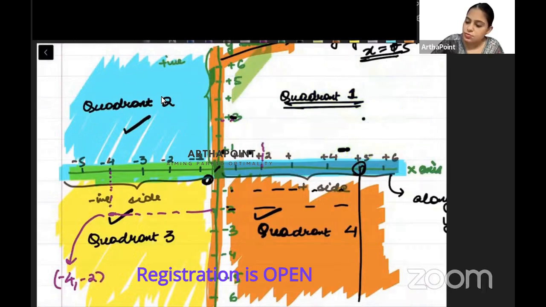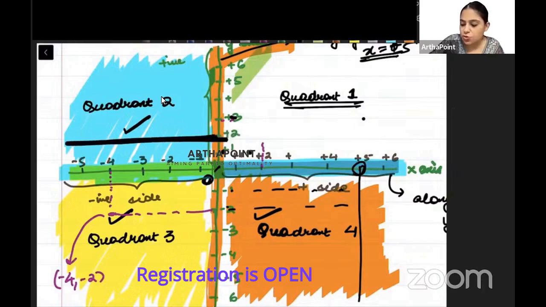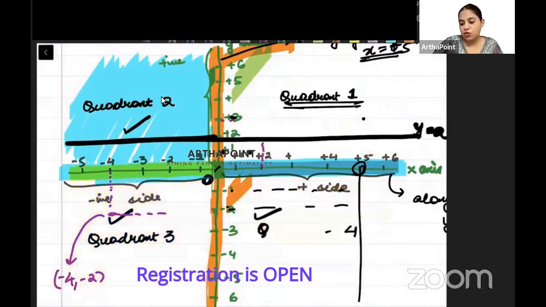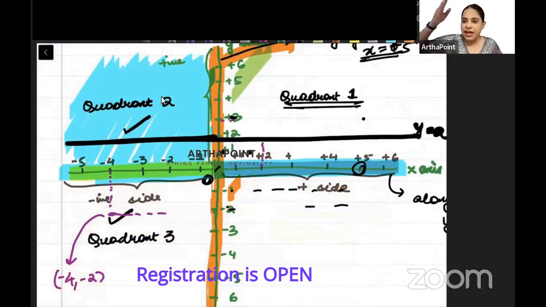So here the value of y is 2. I will pass a line through y is equal to 2. This will be y equal to 2. So for plotting y is equal to 2, I will have a horizontal line. For plotting x is equal to 5, I will have a vertical line.